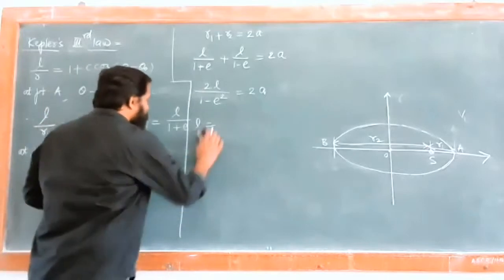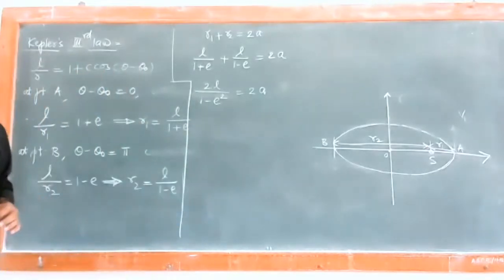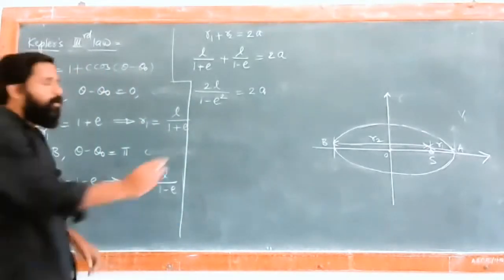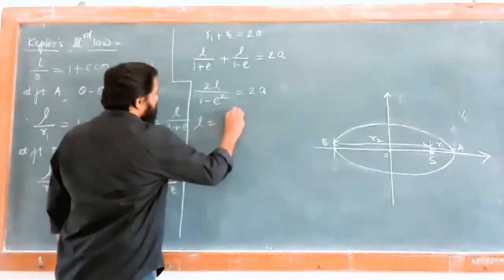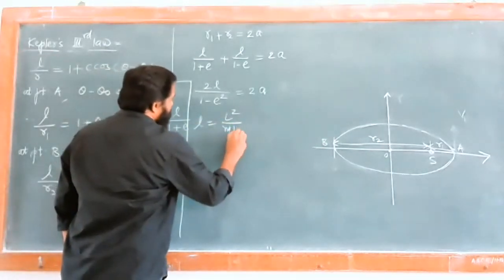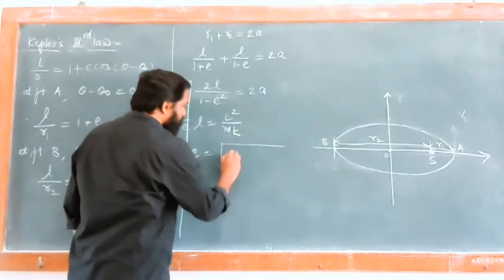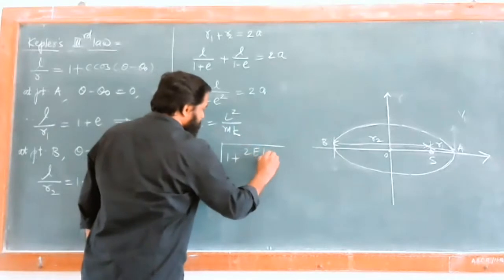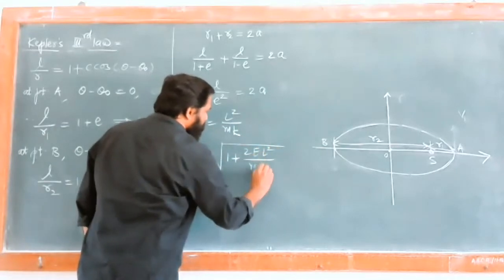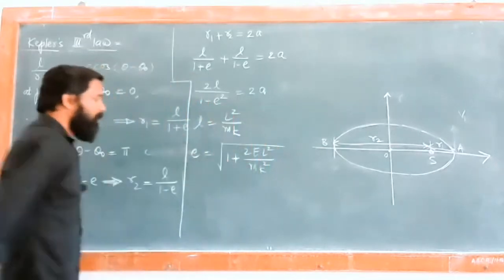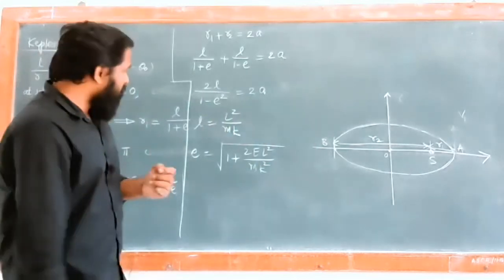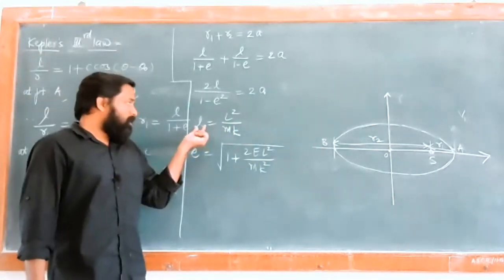The value of semi-latus rectum, that is nothing but small l is equal to L square upon mk, first thing, and the value of eccentricity is nothing but square root of 1 plus twice EL square divided by mk square. We have already seen the first one when we derived it. So these are the two things.